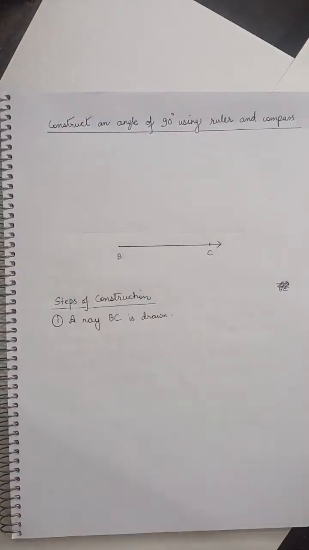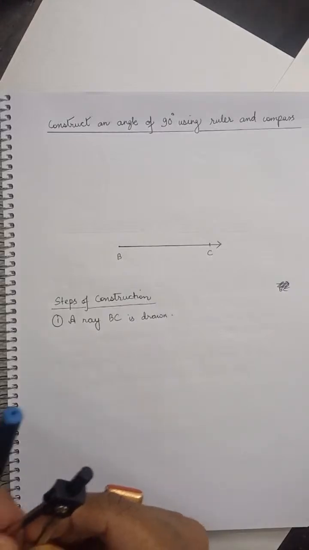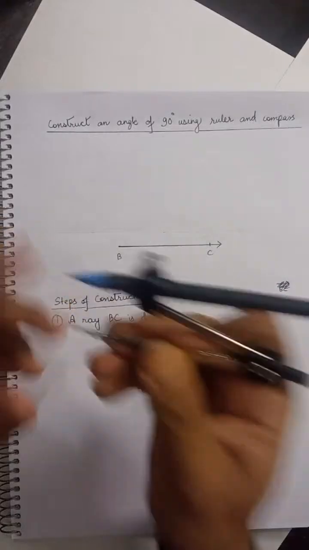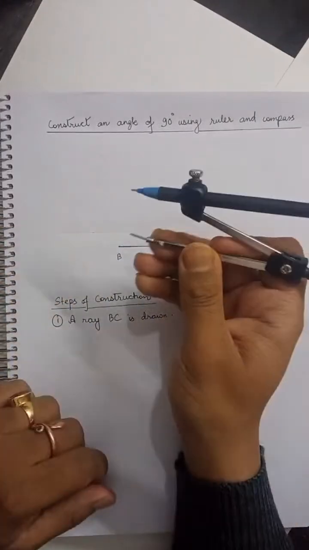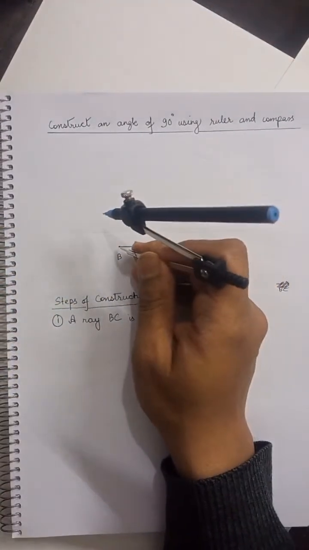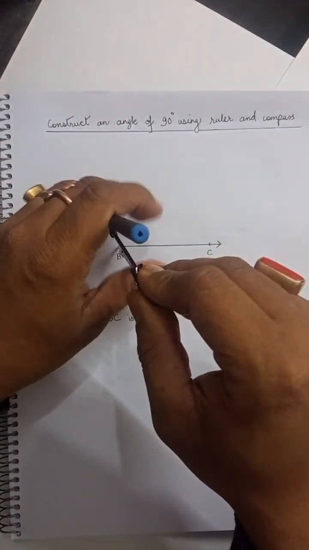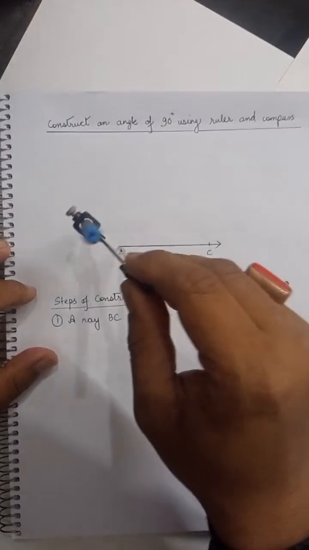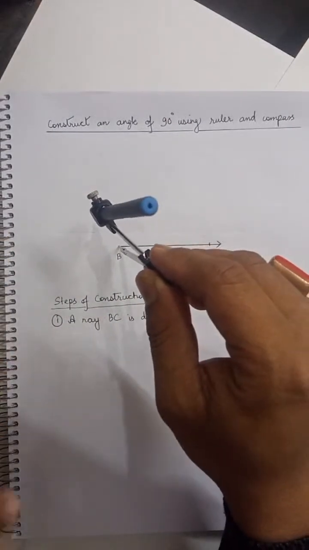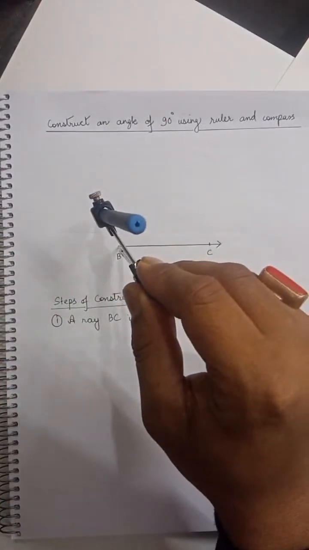The initial part is just like the construction of a 60 degree angle. Let me draw it first. With a compass of any measurement, we place the tip at B. There are 3 steps, so just watch very carefully.